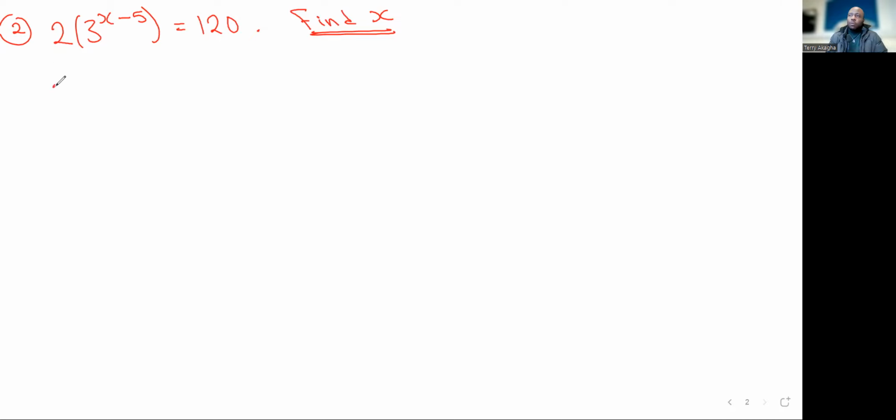So it's going to become 2 times 3^(x-5) is equal to 120. I divide both sides by 2 first so that I can free the exponent, the index there. So that gives me 3^(x-5) is equal to what? 60. All right, so we have 3^(x-5) is equal to 60.